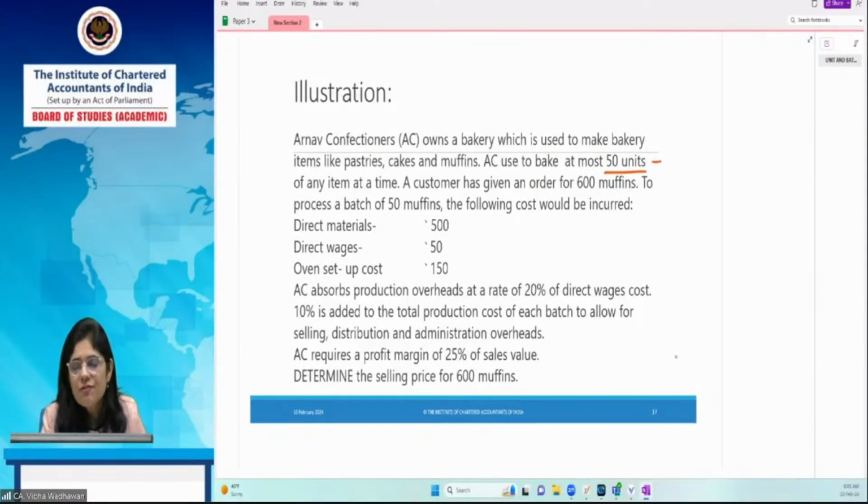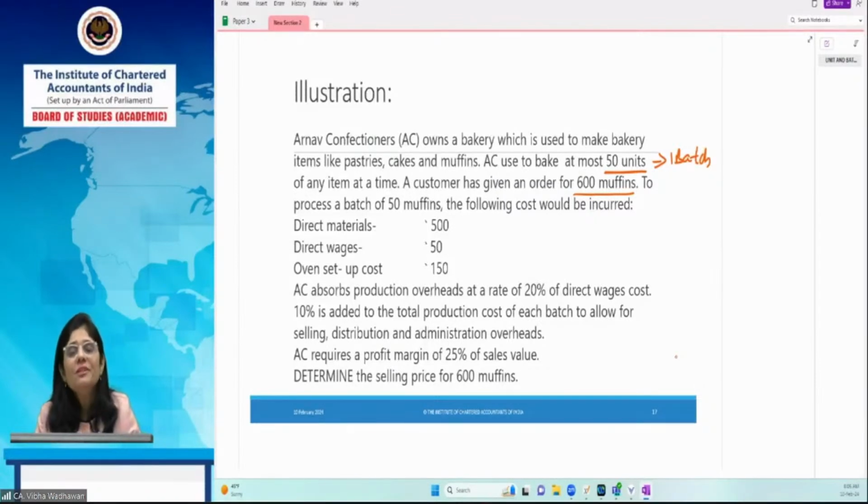That means 50 units will make one batch. Clear? 50 units will be produced in one batch. A customer has given an order for 600 muffins. All right. To process a batch of 50 muffins. That means the bakery can produce 50 items in one go. And they have received an order of 600 muffins.